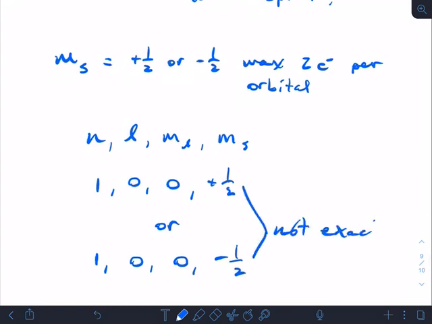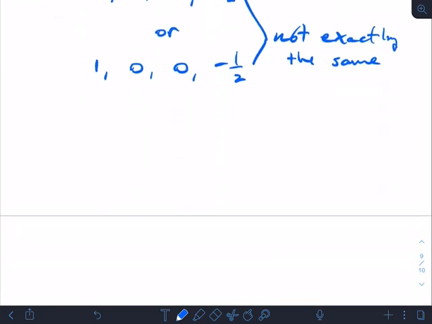Notice these are not exactly the same four numbers. They differ in the plus a half or minus a half. Okay? So you can have 3 out of the 4 numbers being the same, but the whole set has to be unique for each electron. All right?